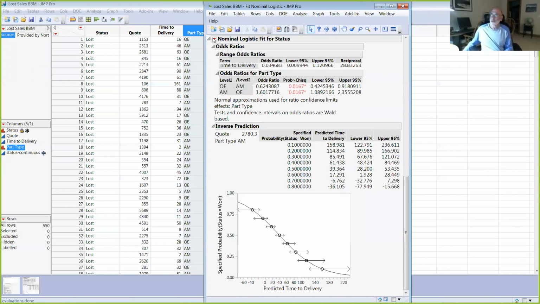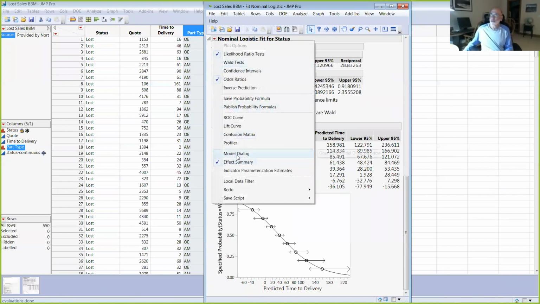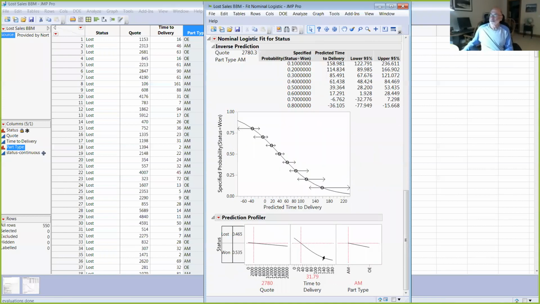The other tool you can use to try to interpret the results is to go to the profiler. And the profiler will, just like it always does, allow you to vary these, and you can see how the probability on the left of winning or losing the bid changes as you change, and for categorical variables, just from one to the other.